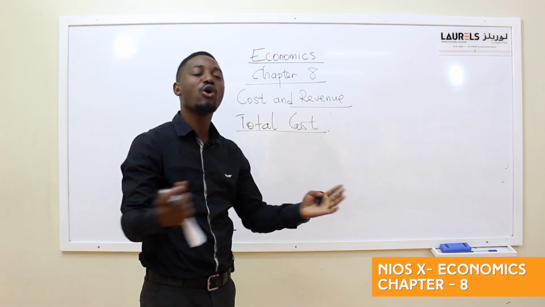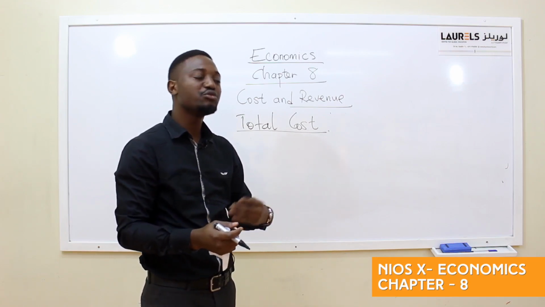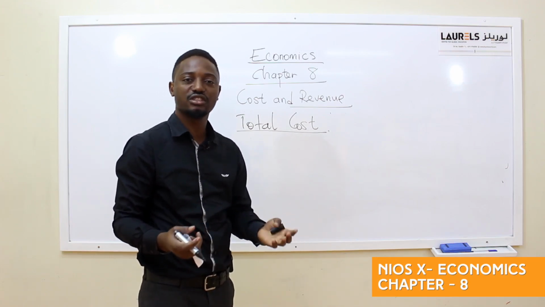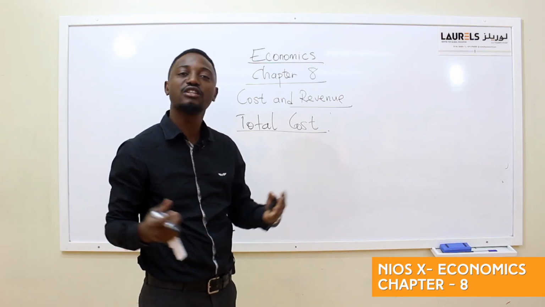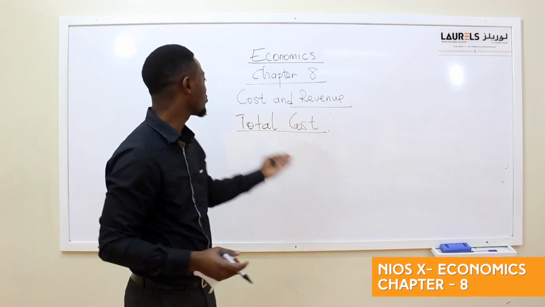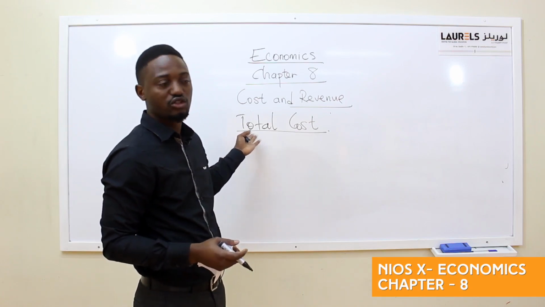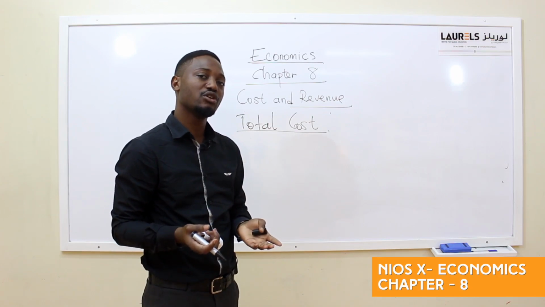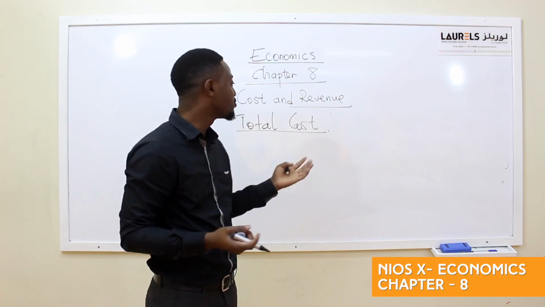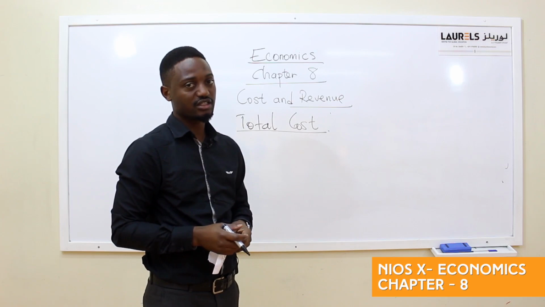When we add all the costs together, the total amount of spending, the total amount of expenditure is what we call total cost.